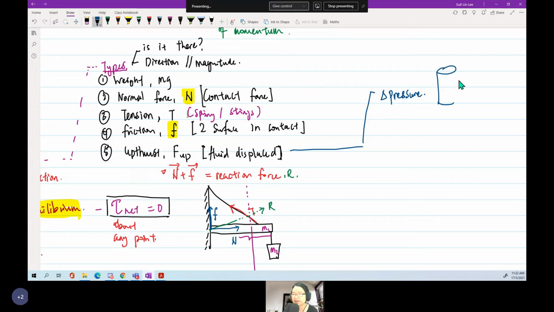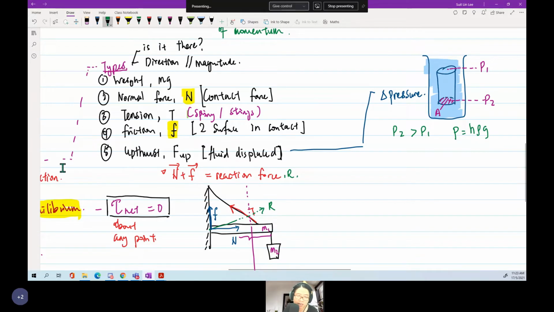Because if you, let's say, have a cylinder submerged under some water, then the pressure here, P1, and the pressure at the bottom surface, P2, so this is area A, is not the same. P2 is obviously greater than P1. Because why? Water pressure is h rho g.